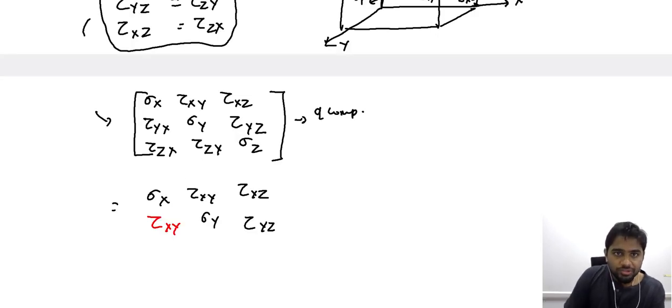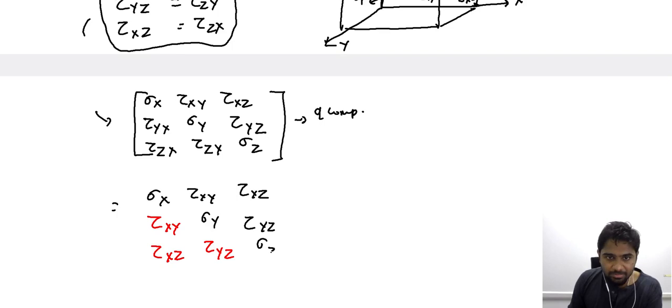And when you consider the third row, there is tau zx, which is equal to tau xz. So therefore we can represent this as tau xz. And in the same way we have tau yz, and this term should be tau zy, but this is similar to tau yz, so therefore it can be represented by tau yz. And finally we have sigma z.